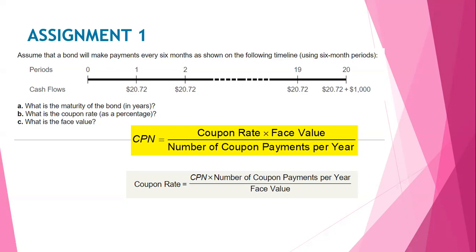To answer B, what is the coupon rate as a percentage? We can see that the bond consists of an annuity of 20 payments of $20.72 paid every 6 months, and one lump sum payment of $1,000 face value in 10 years.